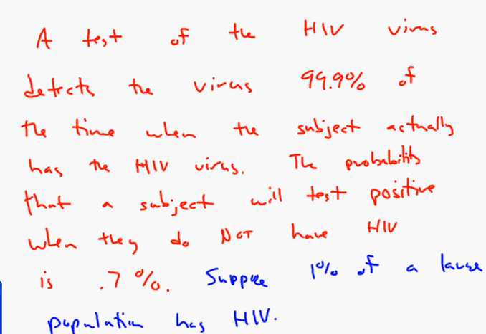Now, we can write that in what's called probability notation. We can say this: P, which stands for probability, of a positive test result, given you have HIV, is 0.999. That's how we write that.